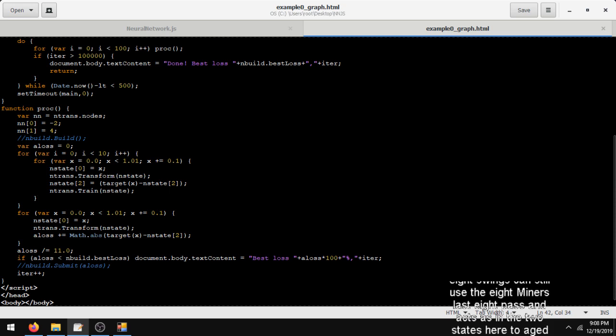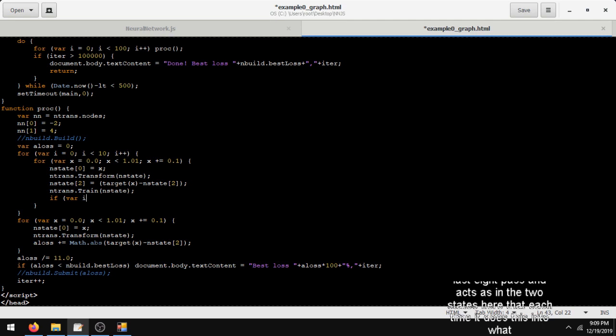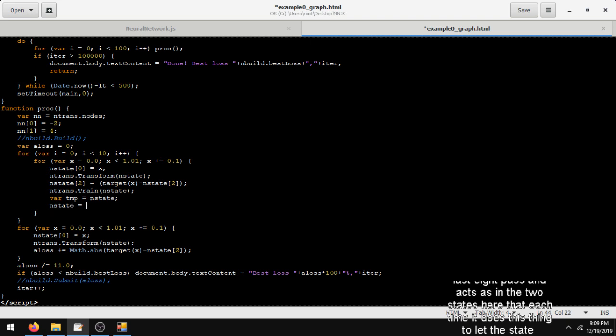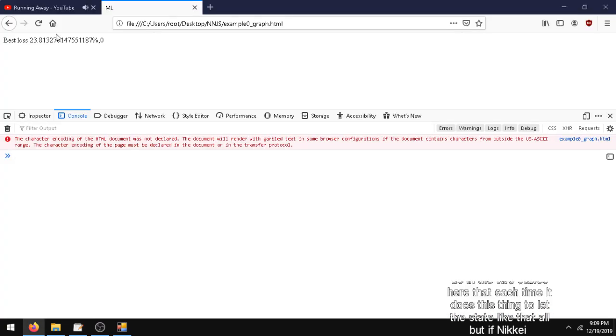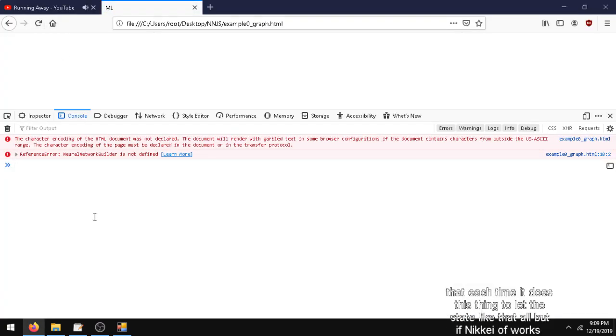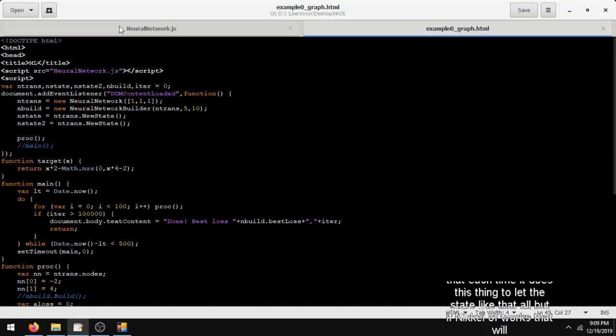So then each time it does this, it's going to flip this state. Like that. Okay. See how that works. And that will fill them up fine.